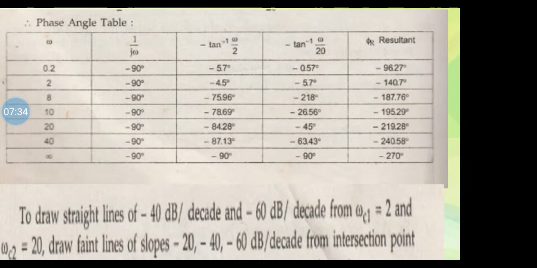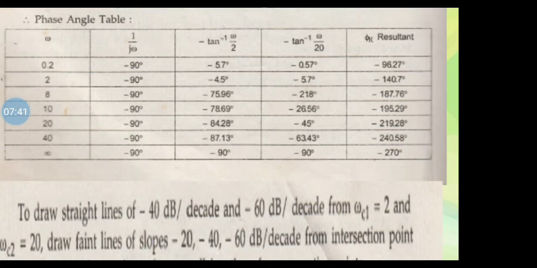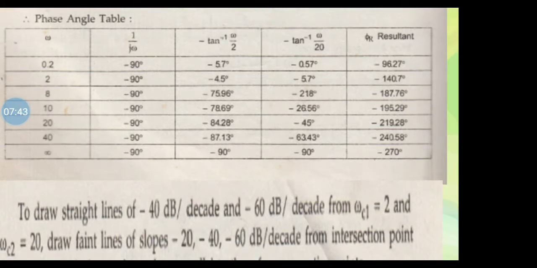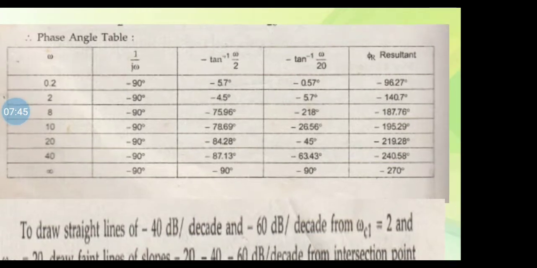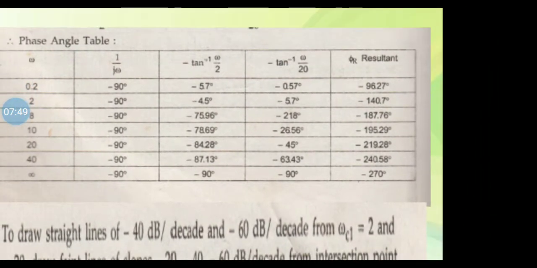Substitute first omega 0.2, find minus tan inverse 0.2 by 2, which comes to minus 5.7 degrees. Next, substitute omega 2 and find minus tan inverse omega by 2. It comes to be minus 45 degrees.